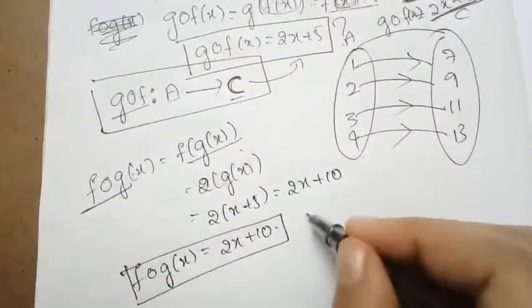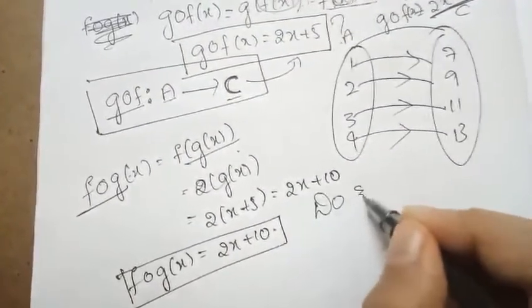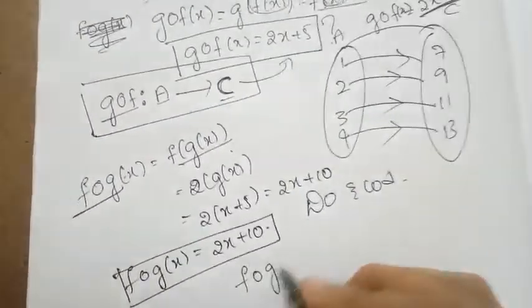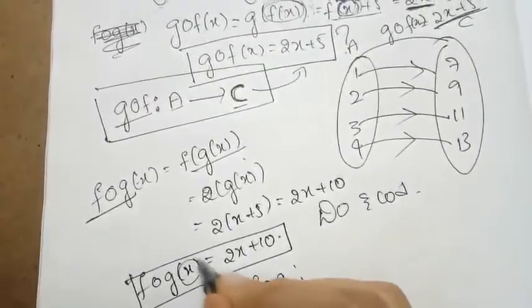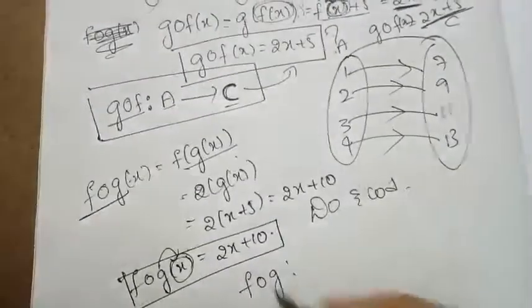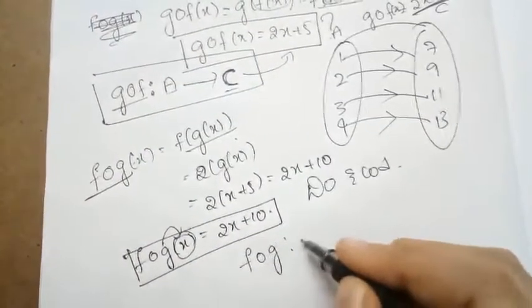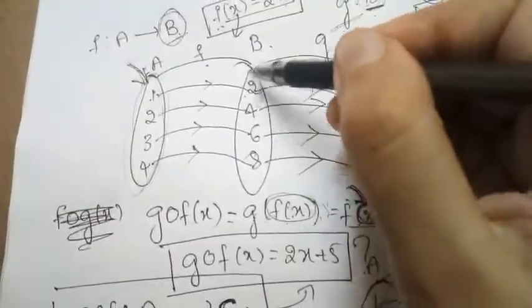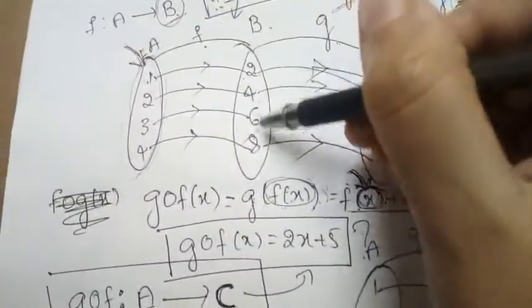Now let us see what the domain and codomain of this function will be. Clearly, f of g means the input values are taken from the set g. g is a function defined from B to C, so the domain of the function f of g will be the set B. What values are there in the set B? 2, 4, 6, 8.